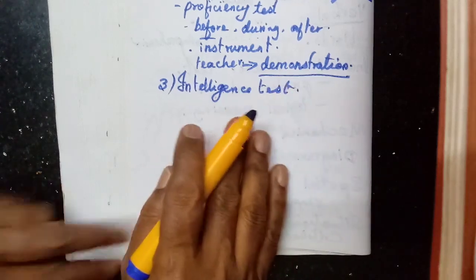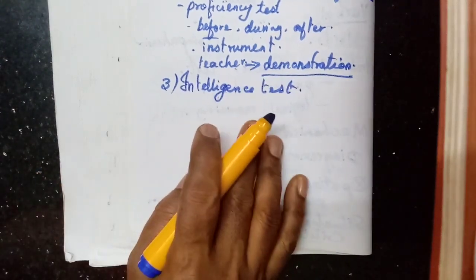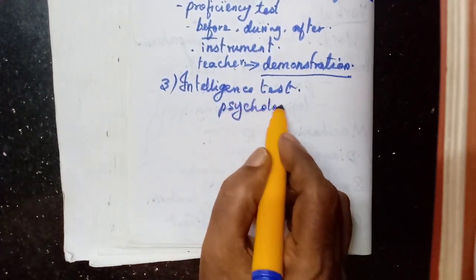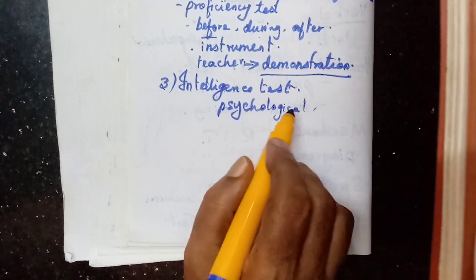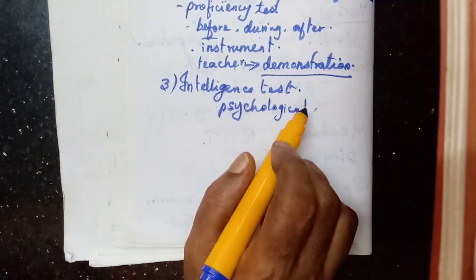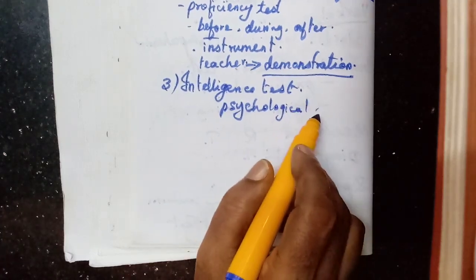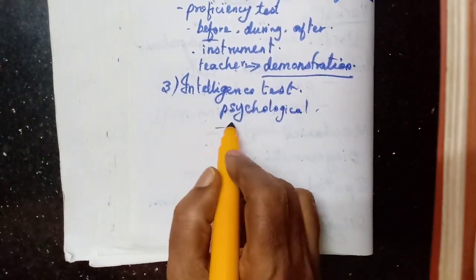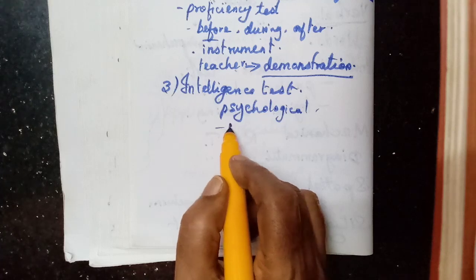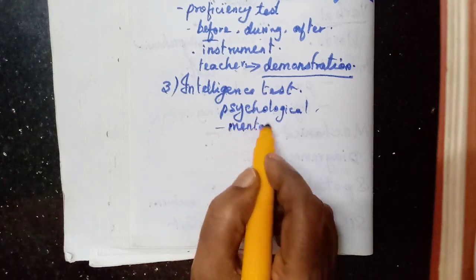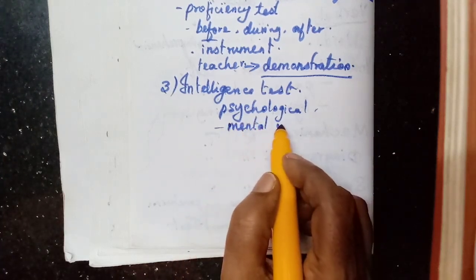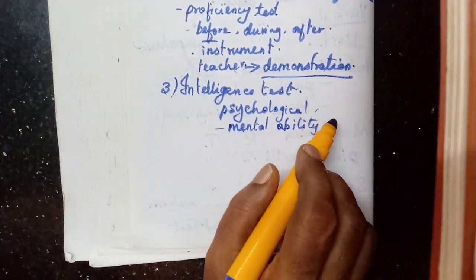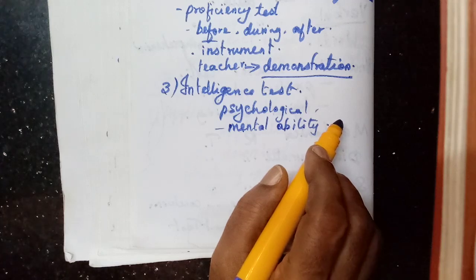So this intelligence test, we can say it is a psychological test. Here they will test their mental ability. They will check the candidate's mental ability, how he can solve a problem, whether he is mentally prepared to do that job.